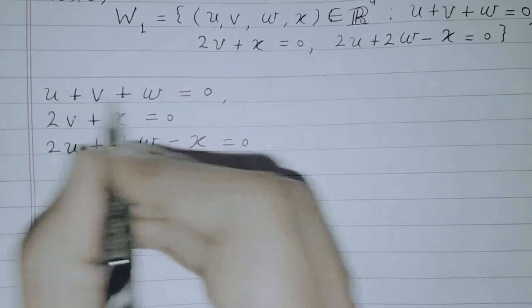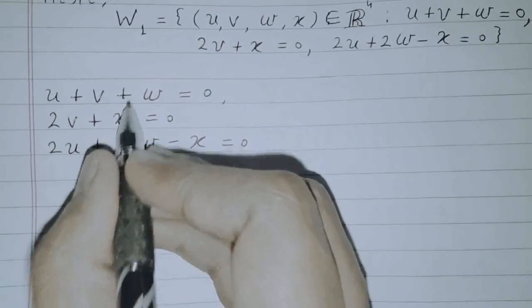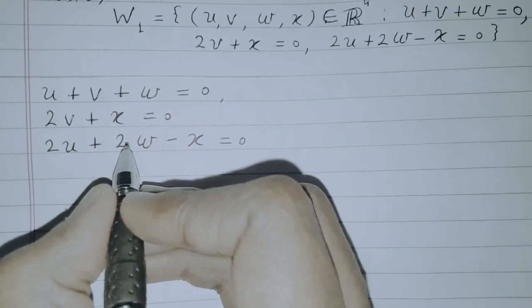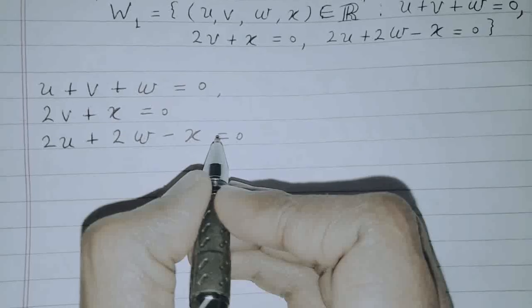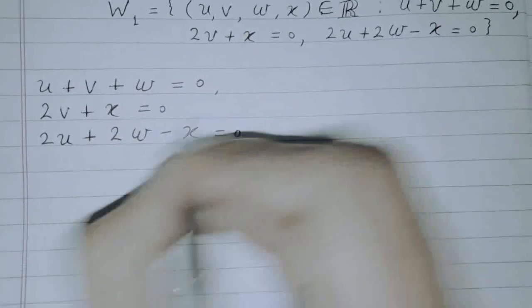Now when we solve these three equations, we find that actually there are only two linearly independent equations. That means equation number 2 and equation number 3 can be used to obtain equation number 1.